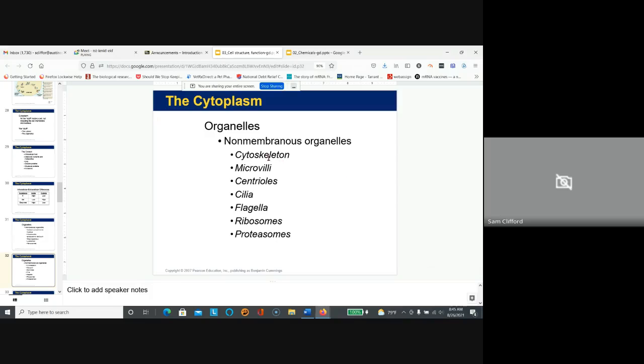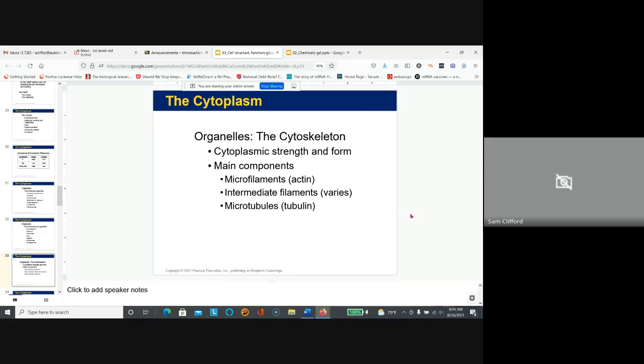The non-membranous organelles are the cytoskeleton, the microvilli, centrioles, cilia, flagella, ribosomes, and proteasomes. So the cytoskeleton is made up of actin and tubulin. This part of the cytoskeleton helps maintain the shape of the cell and allows the cell to move, to change its shape and crawl around like white blood cells.